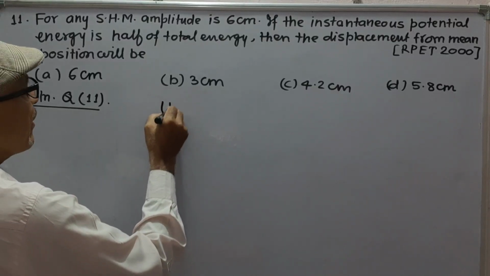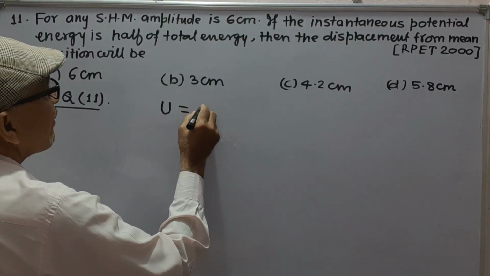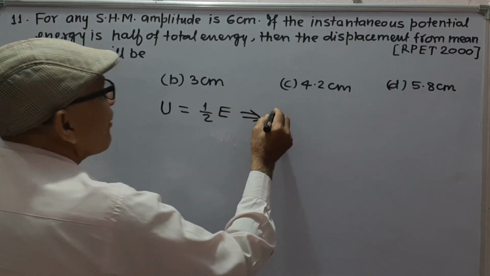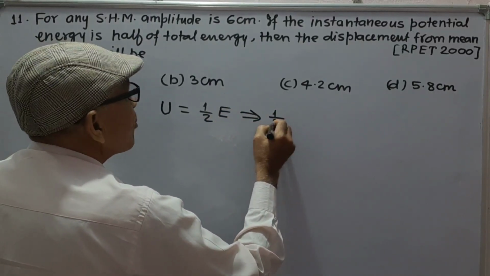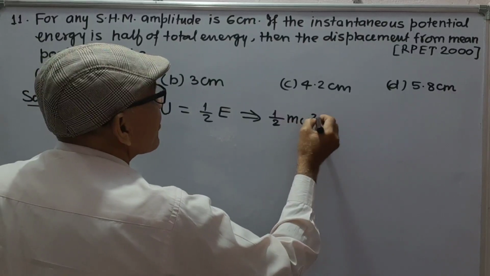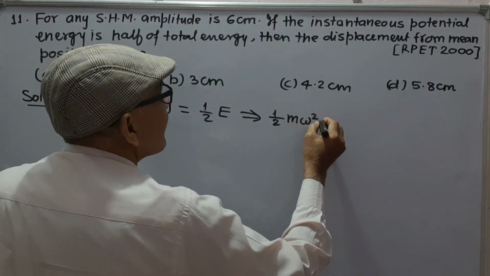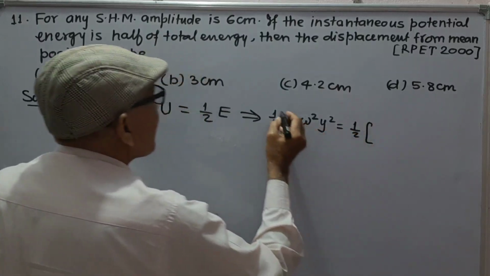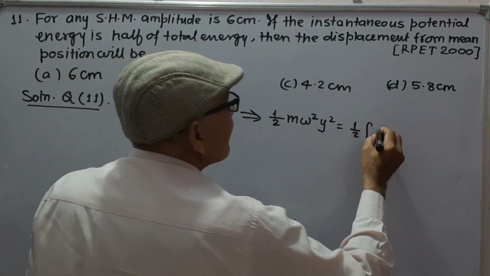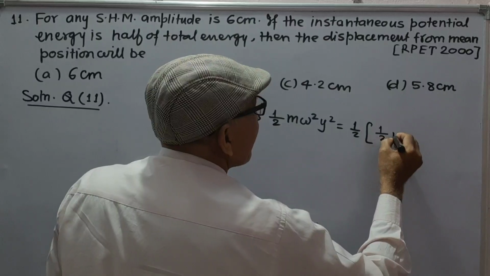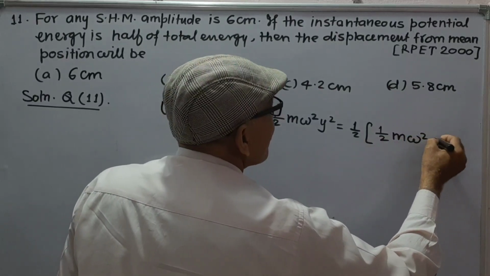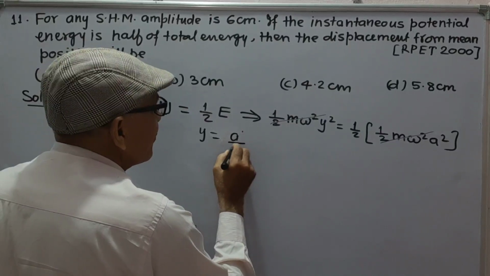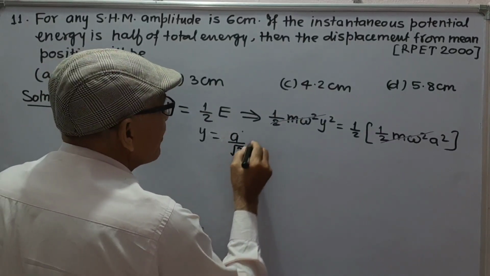Here potential energy is half of total energy, which means that 1 by 2 m omega square y square is equal to 1 by 2 into 1 by 2 m omega square A square, hence y will be equal to A upon root 2.